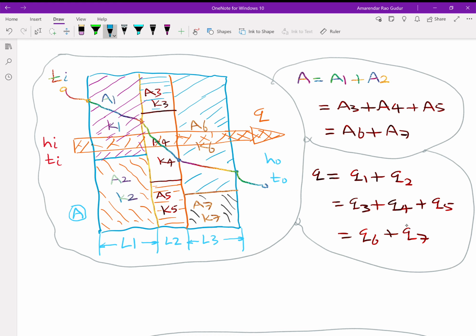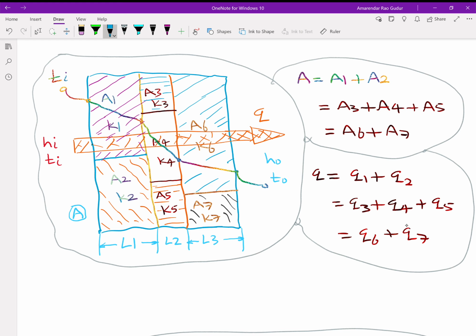The second layer has three parts, A3, K3, A4, K4, A5, K5. The third again has two components, A6, K6, A7, K7. Total area A will be equal to A1 plus A2, also A3 plus A4 plus A5, and also A6 plus A7, conservation of area.